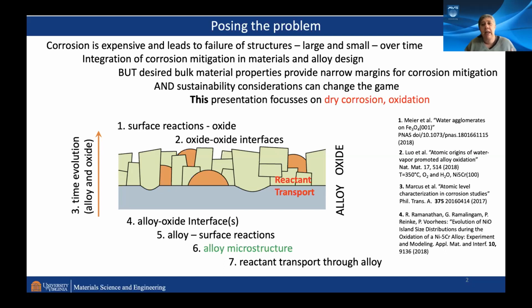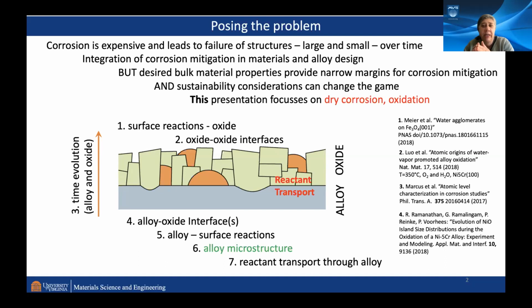Ideally, corrosion and protection from corrosion or degradation is built into alloy design, but that's a really, really difficult problem because the bulk properties of an alloy and those which give you the corrosion protection are not the same thing.